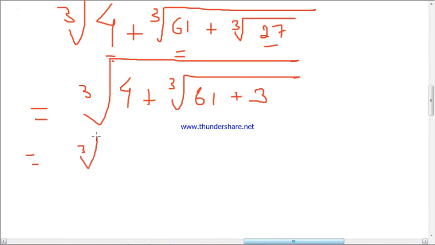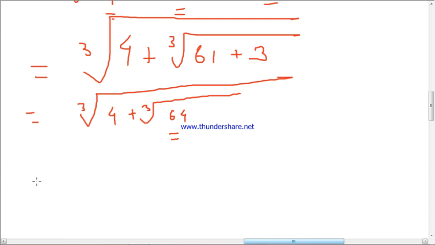The cube root of 4, still not a perfect cube, copy as it is, plus the cube root of 61 plus 3, which is how much? 64. Now is 64 a perfect cube? Yes it is. So therefore your answer will be cube root of 4 plus the cube root of 64, which is nothing but 4.